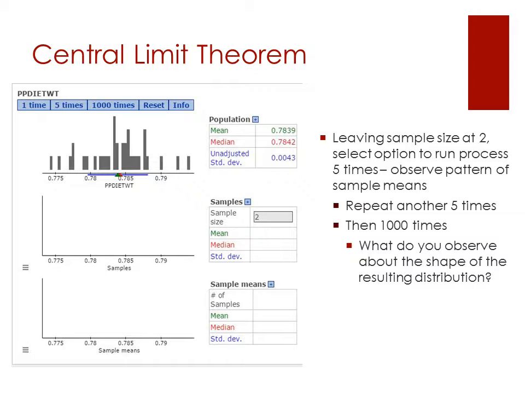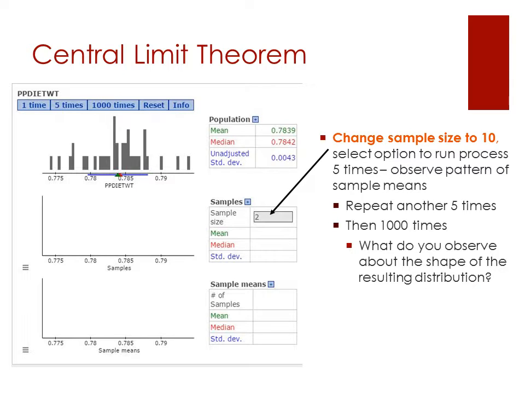Once you've completed that, note down your observations about the shape of the resulting distribution. How did the distribution change as you did 5 samples, 10 samples, and then the final one would be 1,010 samples? So write down your observations for that, and then pause the video while you go through this, and once you've completed all of that, turn the video back on, and we'll move on to the next part together.